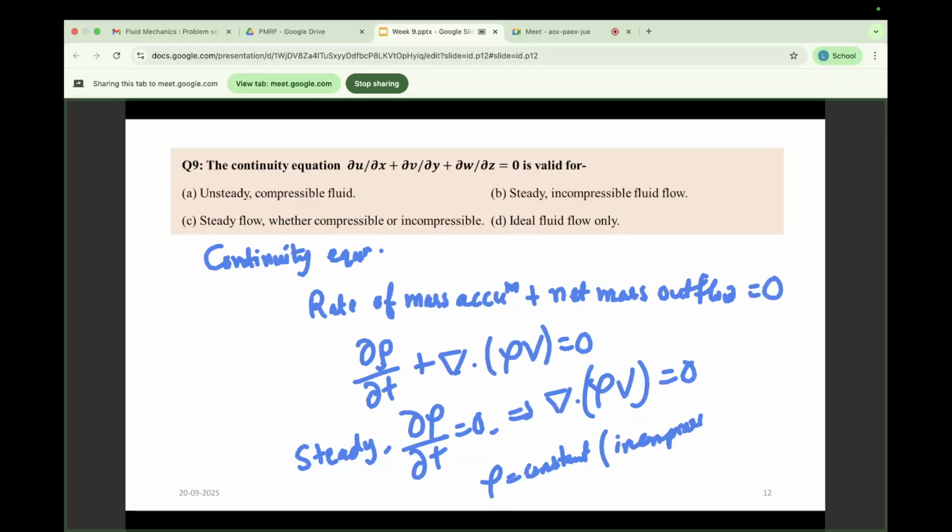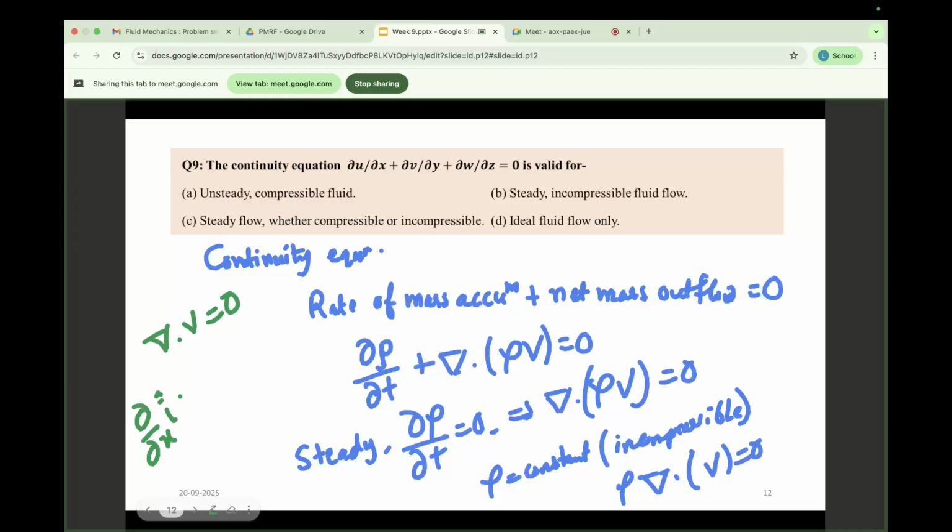If it is incompressible, now I can take this rho outside the del operation. So that means this gradient of rho is gone, and what I will get is, changing the color, divergence of V is 0. Divergence I have already discussed.